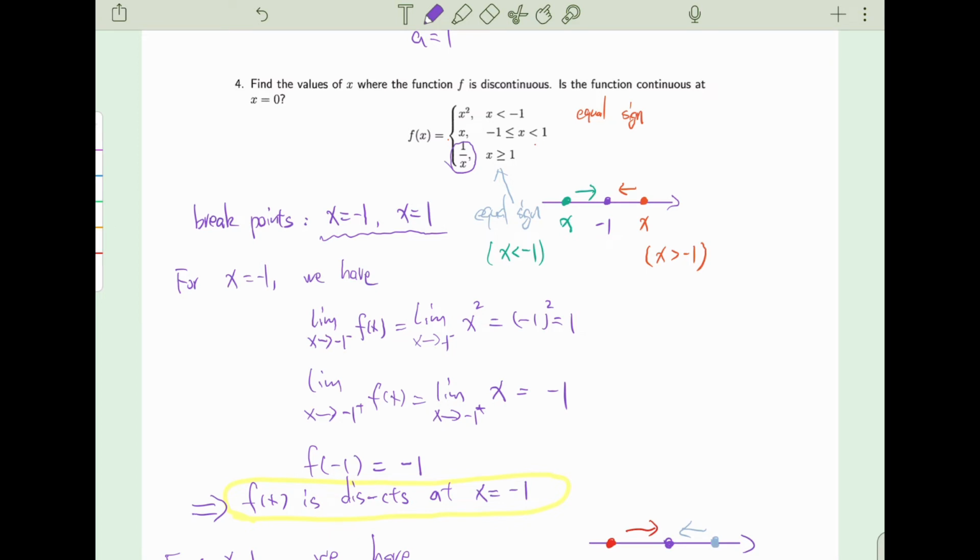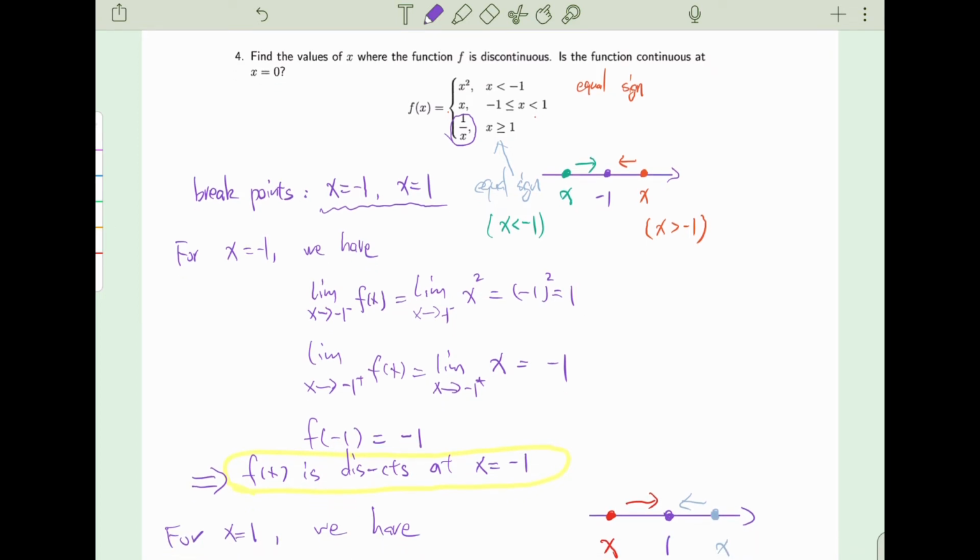So the potential confusion right now is whether the point x equals 0 is inside our domain, right? If it's inside our domain, by our previous discussion, the function will be continuous because this is not one of the breakpoints. If it's not inside the domain, we may be concerned about it.